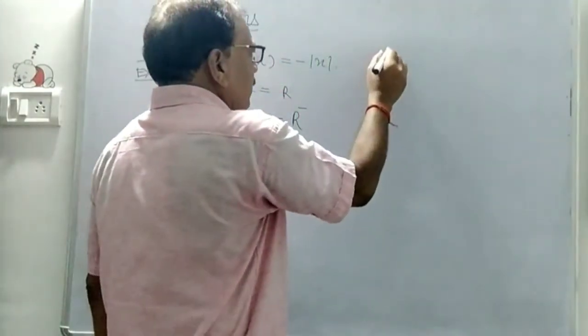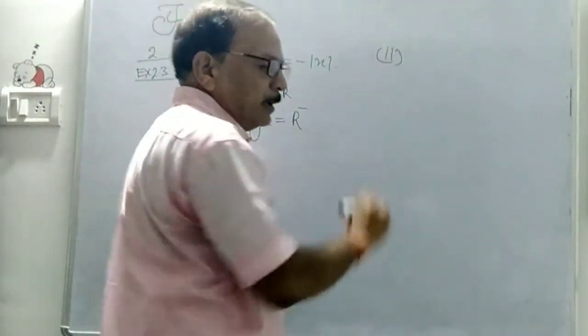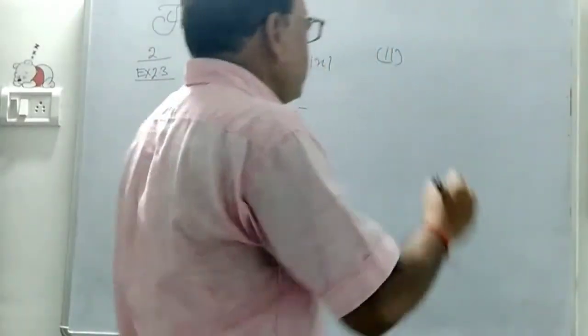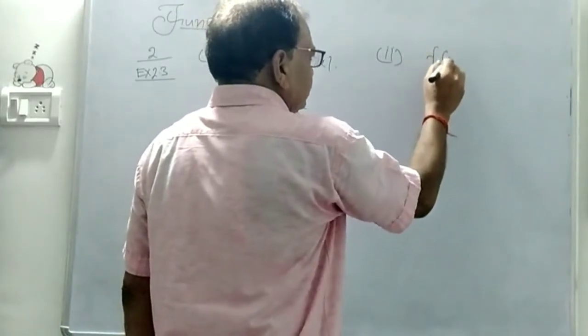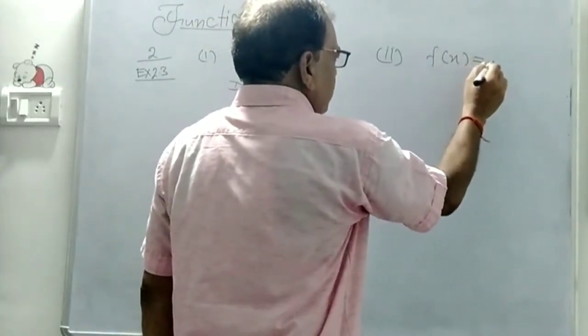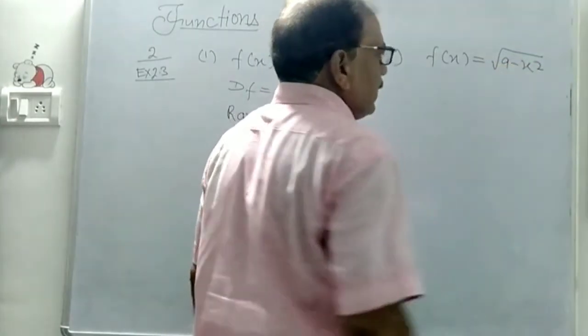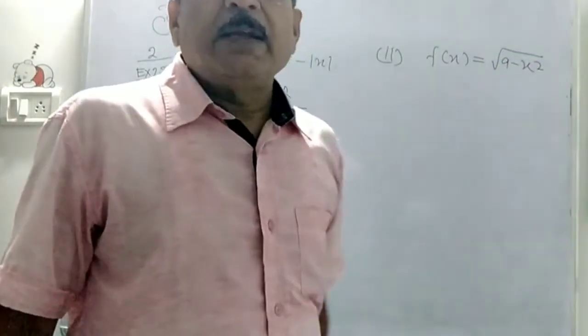And second part, find the domain of the function f(x) equal to under root of 9 minus x square in the real numbers.